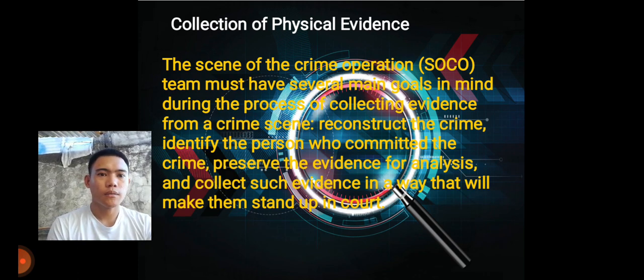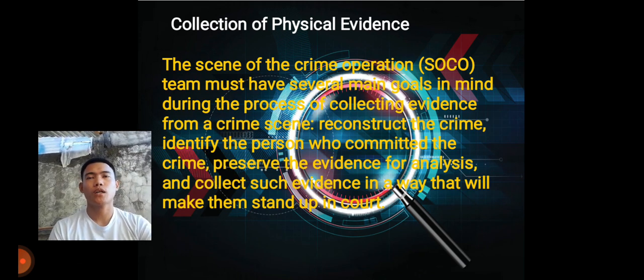Then identify the person who committed the crime, secure evidence for analysis, collecting such evidence in a way which they will stand in the court. So kung may mag collect ng mga evidence, isasab sila na mag-explain sa court.